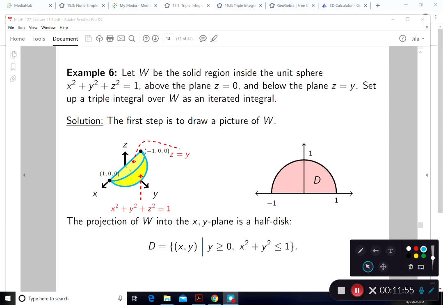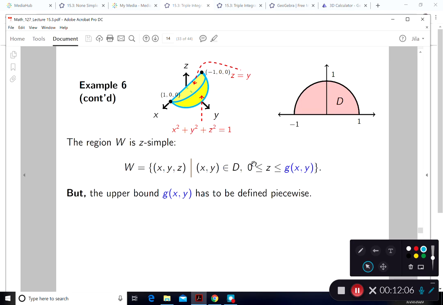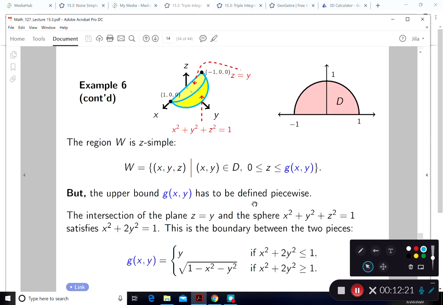I can plug z equal to y into the plane, and through that solve for where the solid is splitting, and that's the way to go. So again, we're going to divide the solid into two pieces.